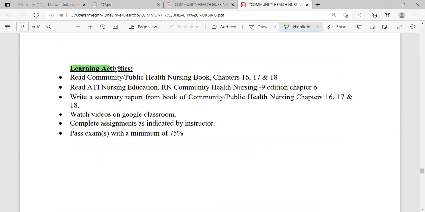What are the learning activities? Read Community and Public Health Nursing book, chapters 16, 17, and 18, or you can read ATI Nursing Education, RN Community Health Nursing, 9th edition, chapter 6.